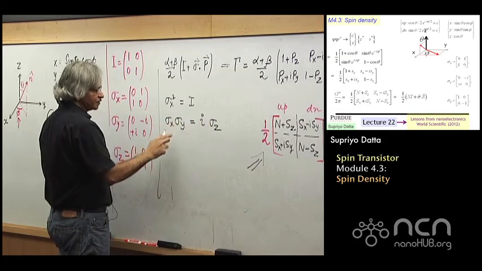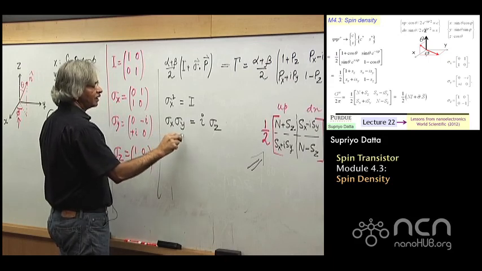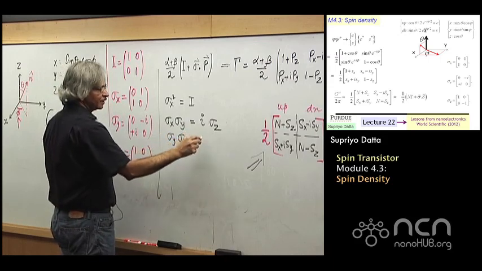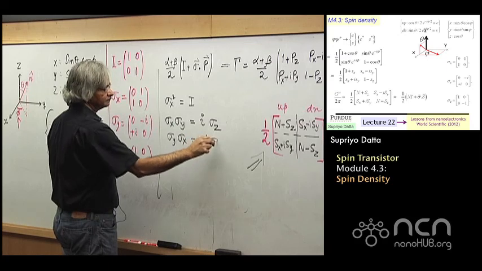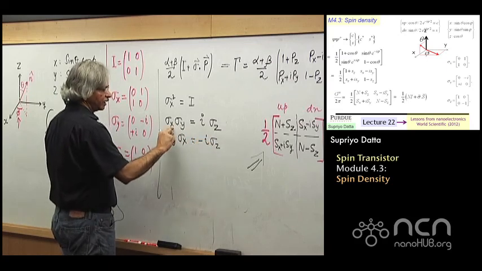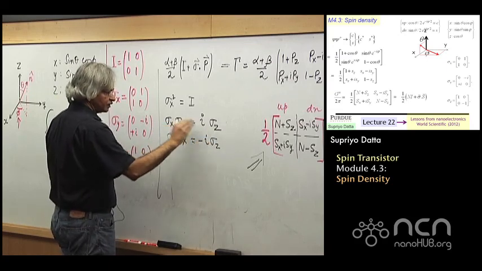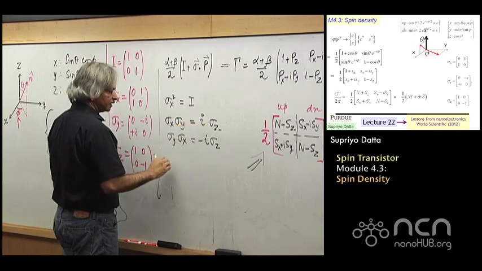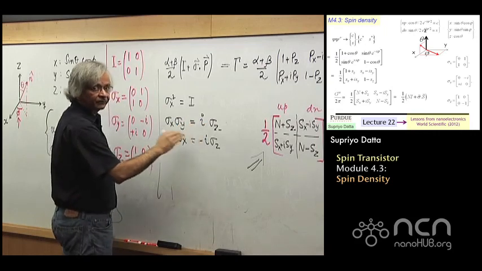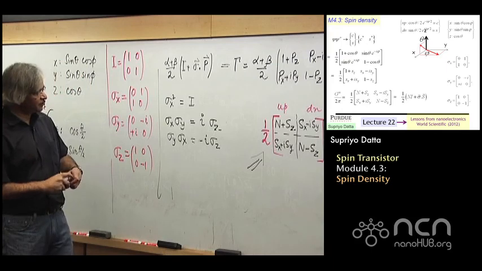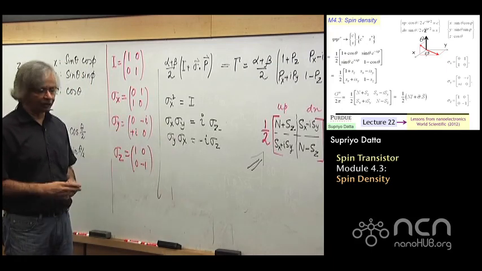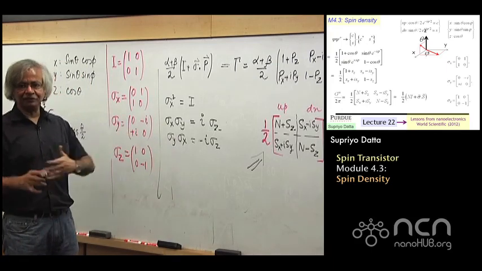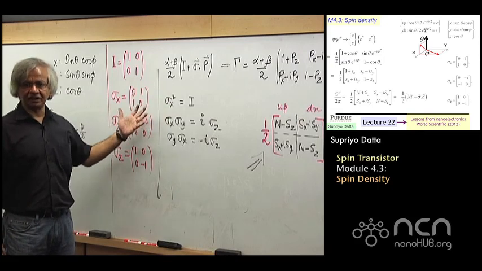And if you reverse the order, like sigma y, sigma x, you'll still get the same thing but with a negative sign. That is, as long as x and y are in the right clockwise order, x, y, z, it will be i times that. If it's y, x, then you get a minus. So it has these very interesting properties that once you get used to them, make it very convenient to get all kinds of results.